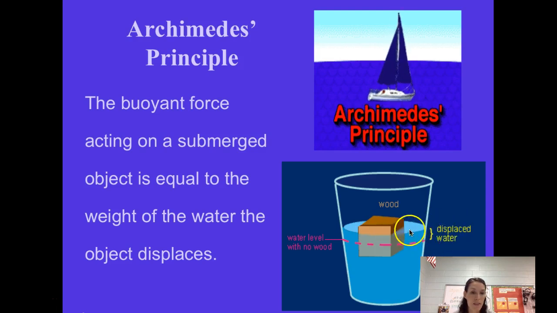Well, the weight of just that much water all the way across is equal to the buoyant force that's acting on the submerged object. So remember that buoyant force is an upward force, and it is equal. So we can measure the weight of this displaced water and know how much buoyant force is acting on that object.